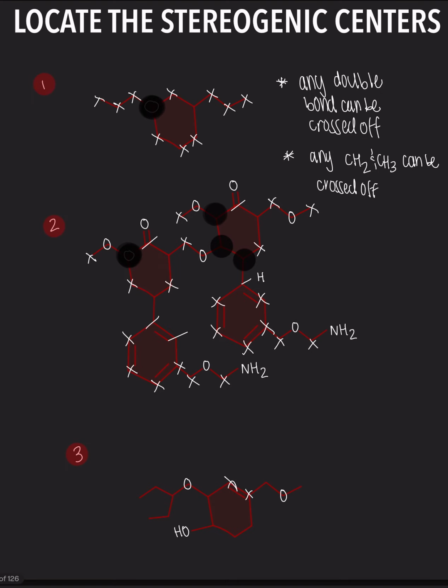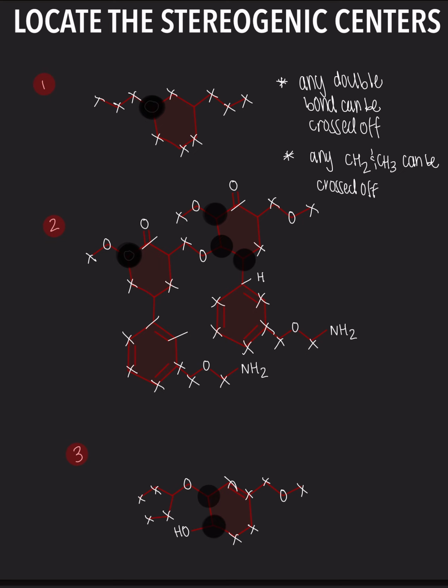Now for the last one, again, you're going to have to cross out your CH2s and CH3s. And now you have to see what's left over. And so I only see that these 2 could have stereogenic centers because they're different groups.